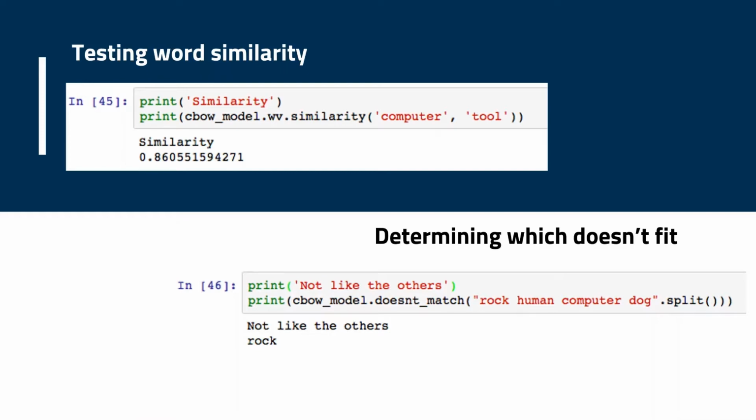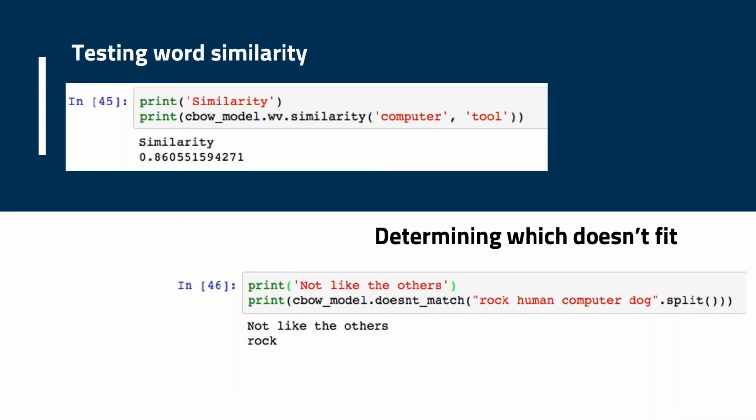Okay, so it's learning all of that and giving you a result: these two words, computer and tool, are similar, and the similarity between them is 86%, or 0.86. Absolutely. All right, very good.